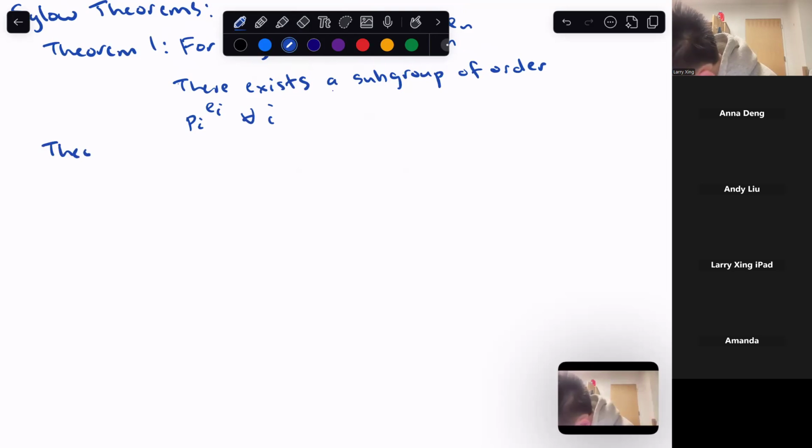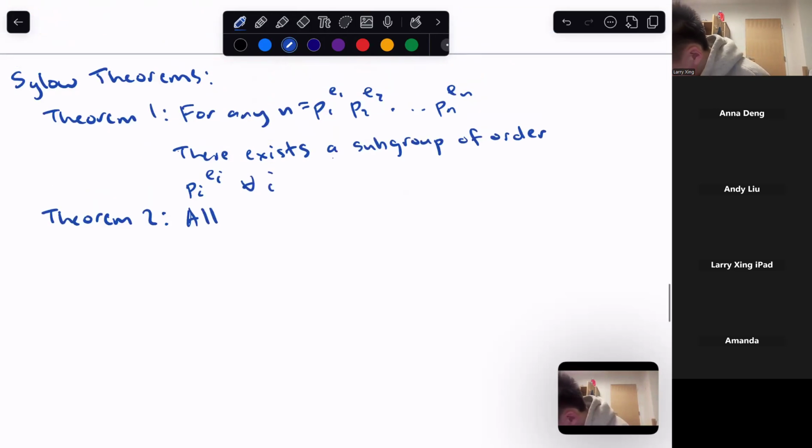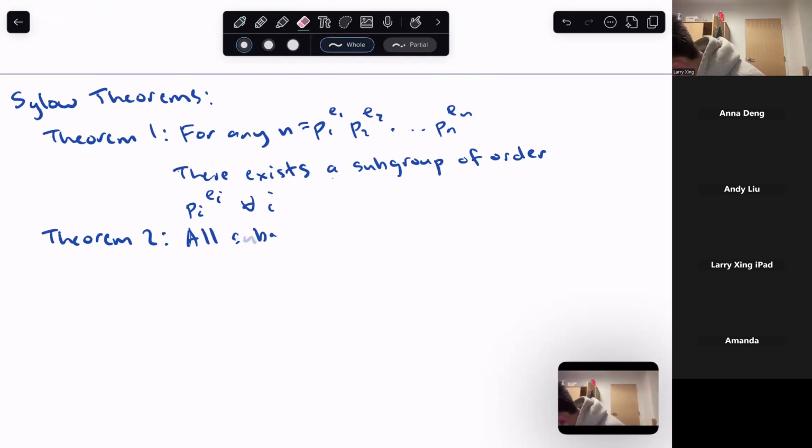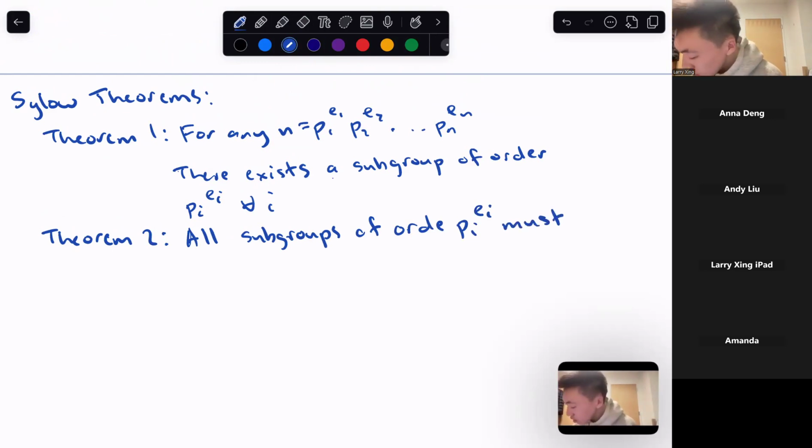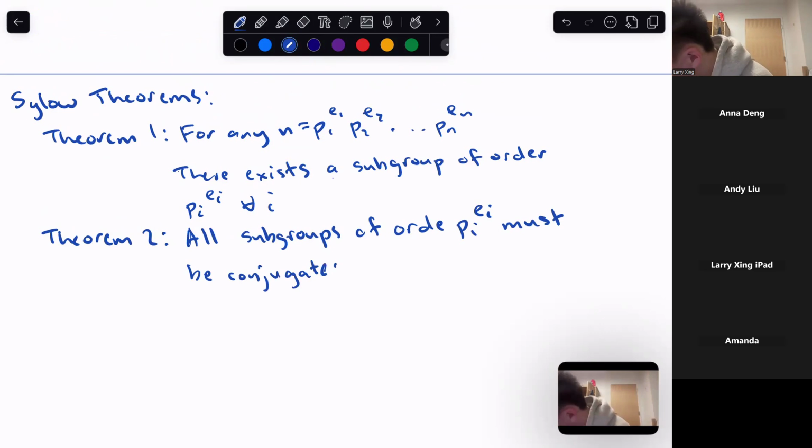And then theorem two says that all subgroups of order p_i to the e_i must be conjugate. What does this mean?